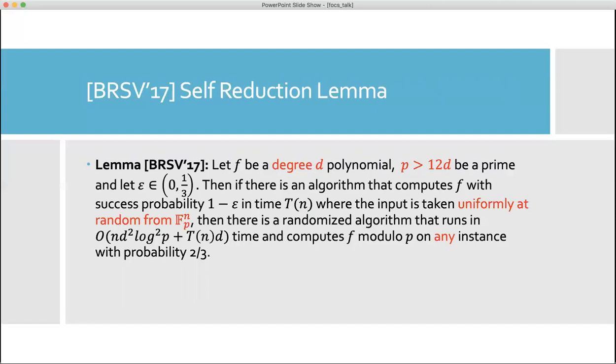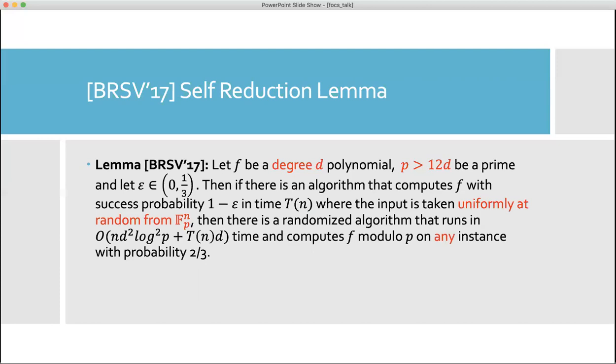Then if there is an algorithm that computes f with success probability 1 minus epsilon in time t(n), where the input is taken uniformly at random from the prime field of order p, so this is the average case algorithm, then there is a randomized algorithm that runs in roughly t(n) times d time and computes f mod p on any instance with probability 2/3. So it gives us the worst case algorithm for computing f mod p. It is essentially a self-reduction for computing f mod p from the worst case to the average case.